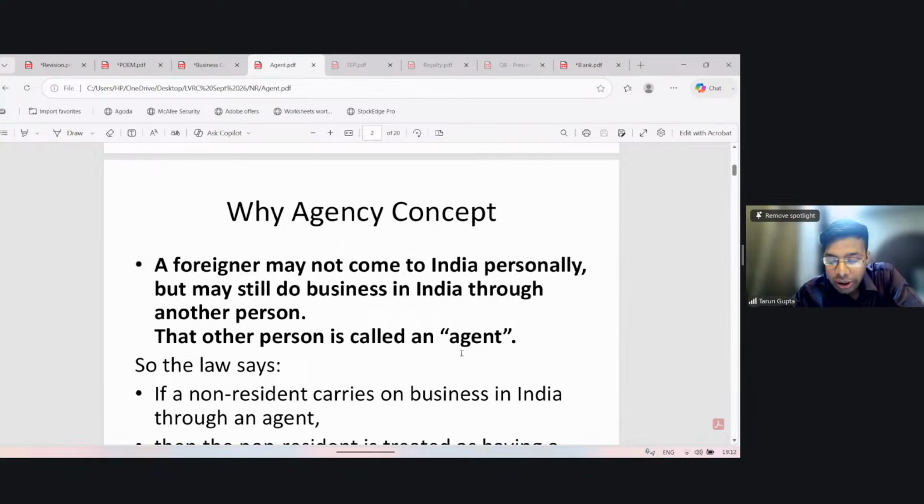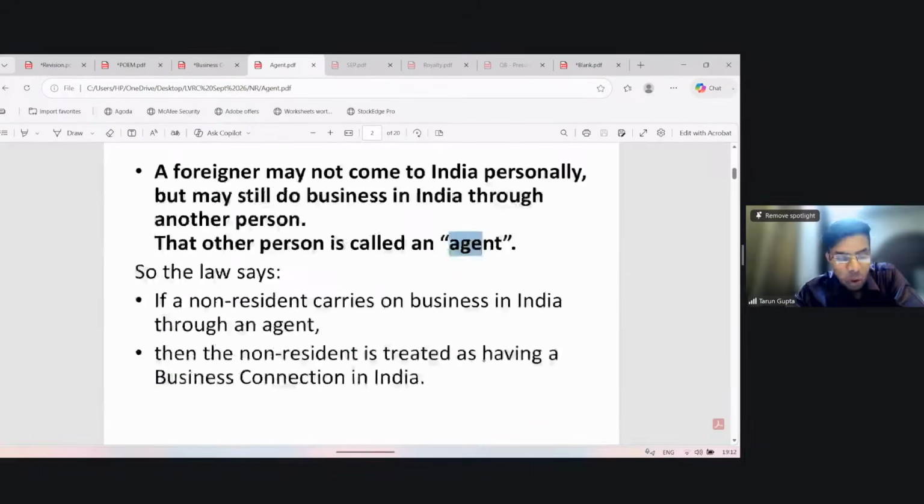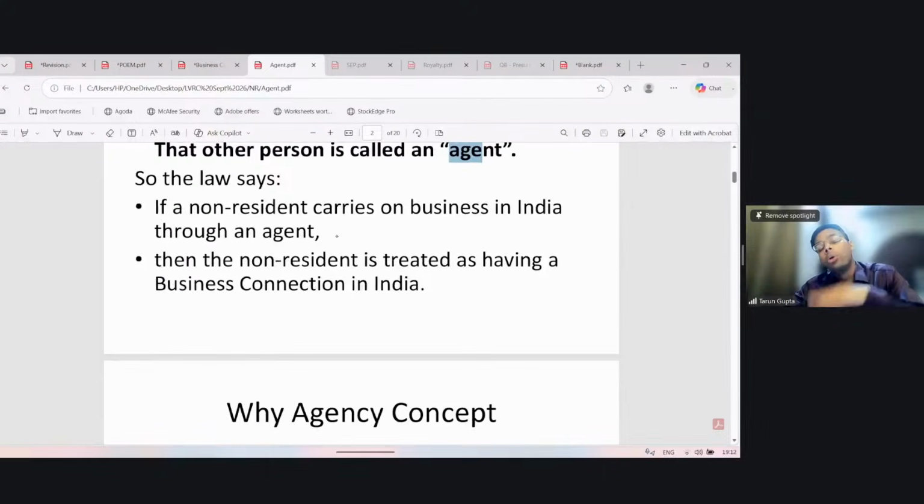That other person is called an agent, right? So the law says if a non-resident carries on business in India through an agent, then the non-resident is treated as having a business connection in India. Earlier, physical presence of the non-resident was required, but now even if the business is being carried out in India through an agent, the non-resident shall be deemed to have a business connection in India.